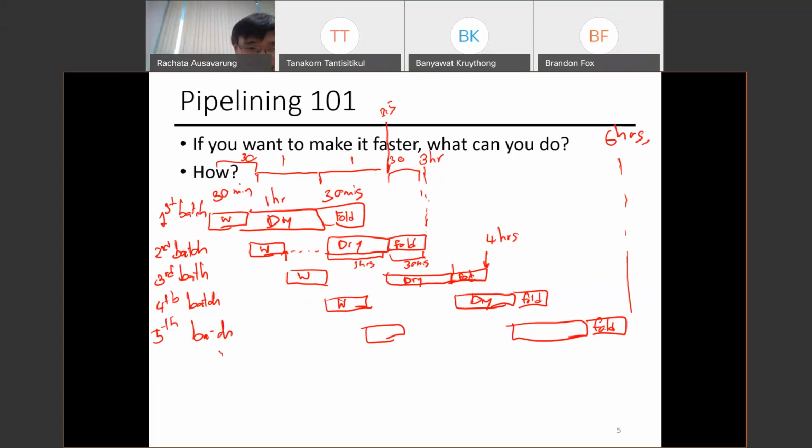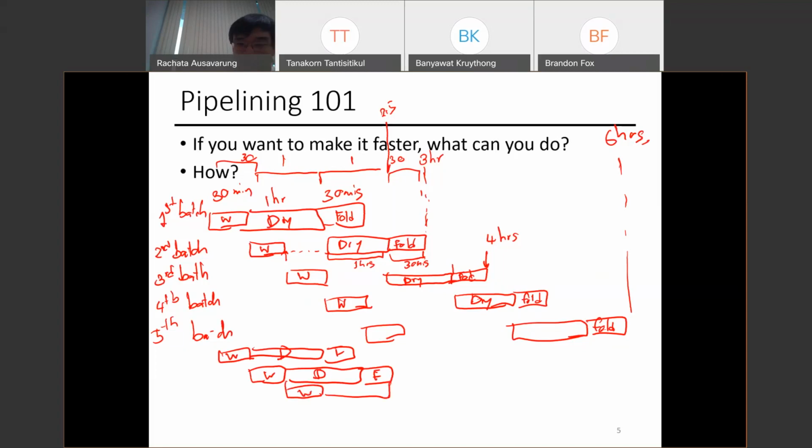The first batch, wash, dry, fold. Because you have the second dryer, the second batch is washed here, dried, and then folded. Then you can wash the next one here. Then you dry it here because the first dryer is done, right? And then fold. Wash, dry, and then fold. So you can basically overlap completely, right?